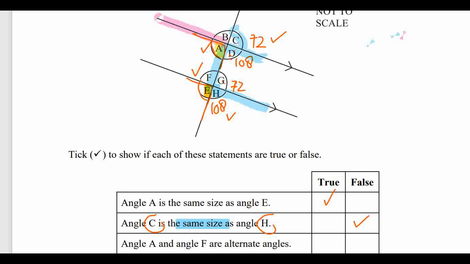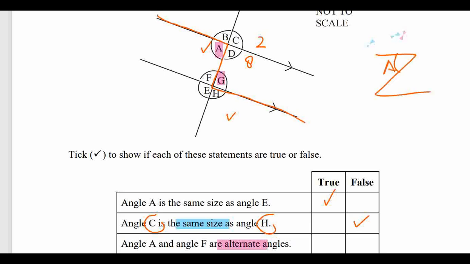They are called interior angles, co-interior angles, and they sum up to 180, A and F, so they are not alternate angles. Alternate angles will be something like, if it's A, it will be G. So alternate angles will have a pattern of this shape, a Z shape, A to G will be the explanation, and they are equal.